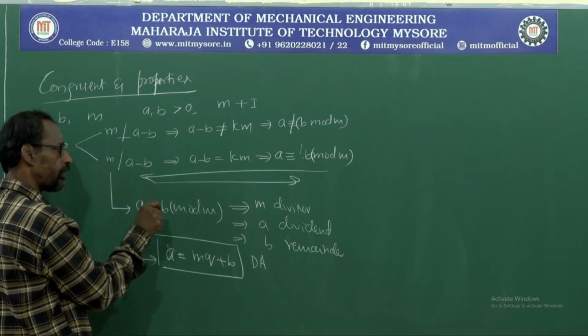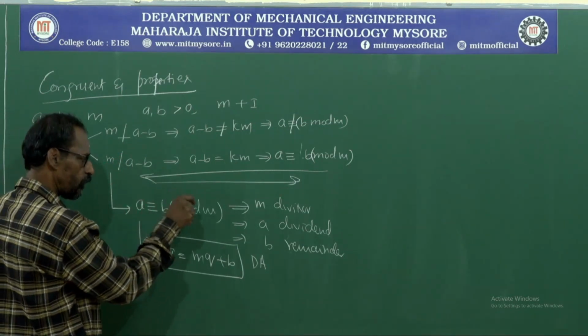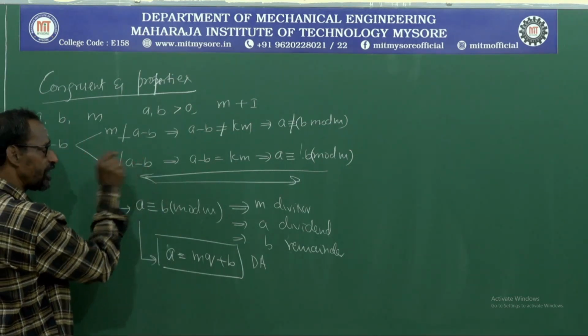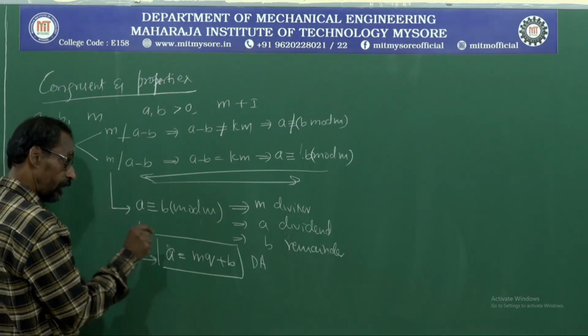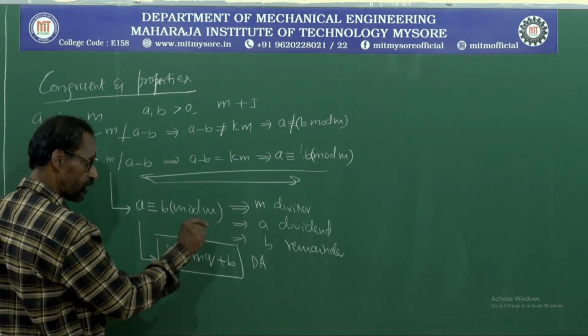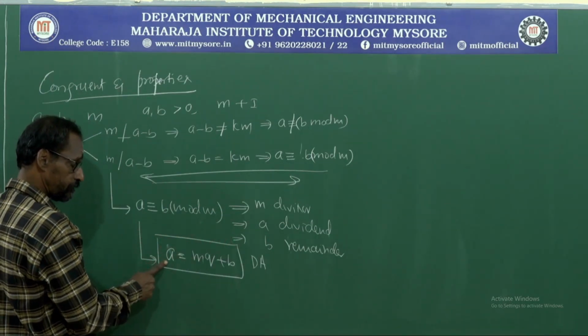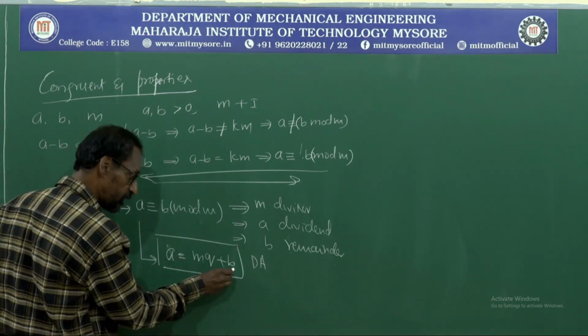If I say a is congruent to b modulo m, then m divides a minus b. If m divides a minus b, then using the division algorithm I can write a equals m times q plus b, where a is the dividend, m is the divisor, q is the quotient, and b is the remainder.